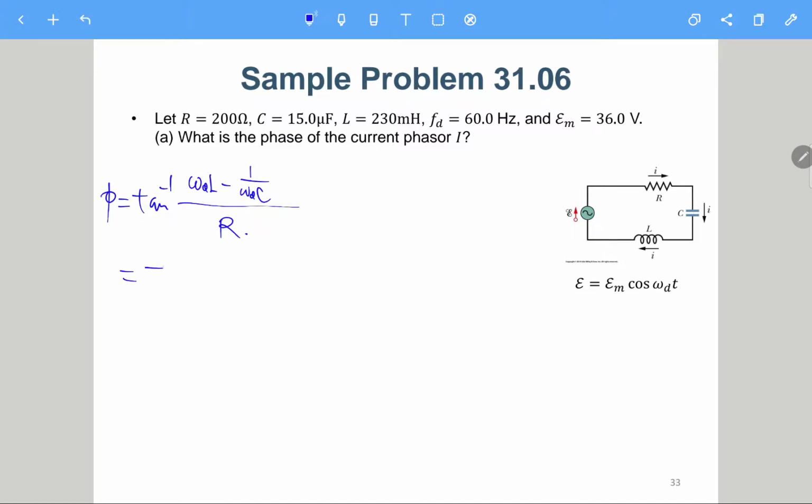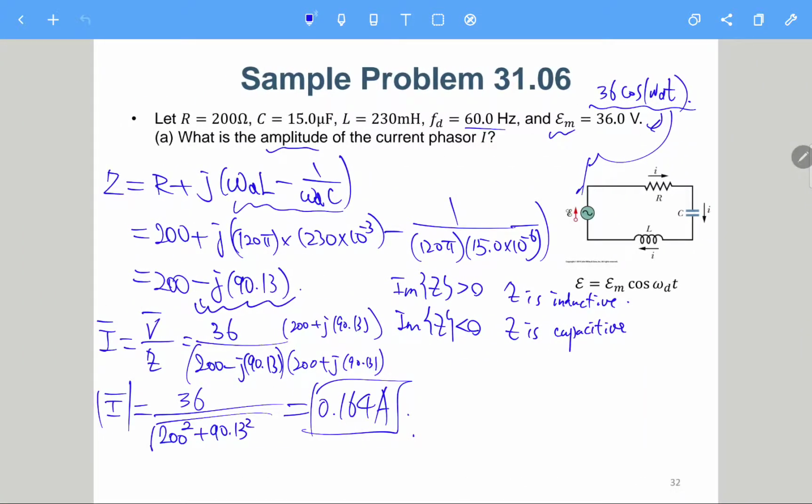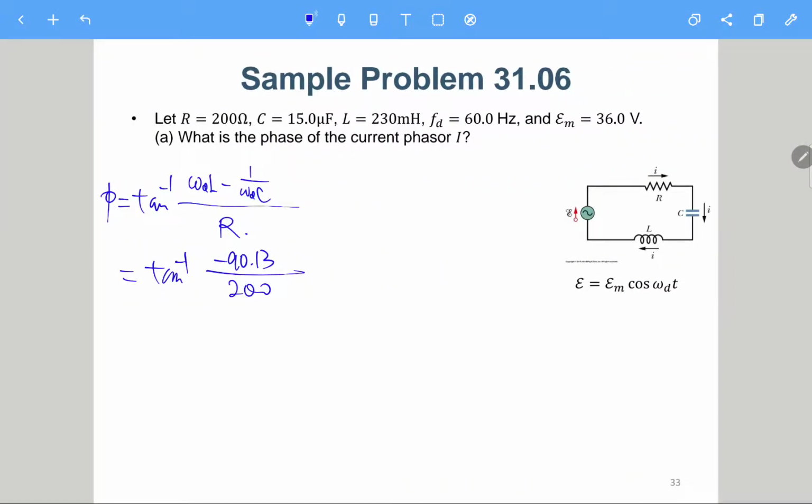So it is arctangent of minus 19.13 over R, and R is 200. So you can just press the calculator and you'll find that this is minus 24.3 degrees.